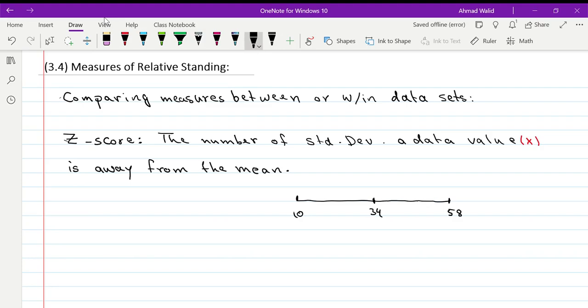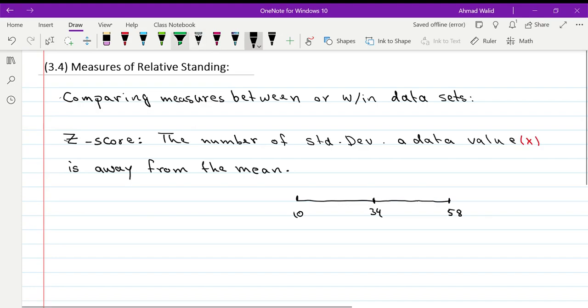In that example I was asking, what percentage of the data will fall within 10 and 58? For that, you had to find how many standard deviations 58 is away from 34, or how many standard deviations 10 is away from 34.